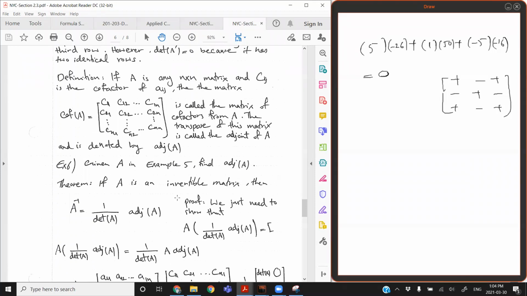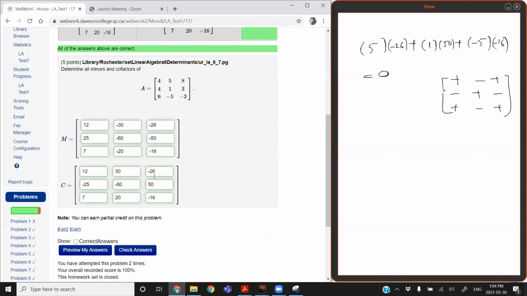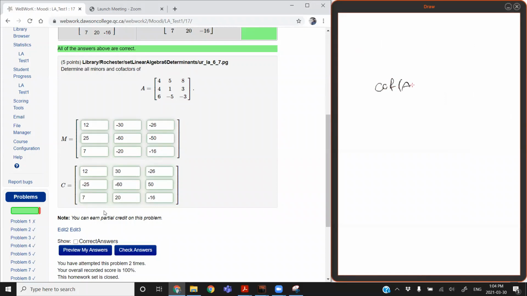So here we have a simple definition, something called an adjoint matrix. You already know what a cofactor matrix is. A cofactor matrix is something like this. That's a cofactor matrix for A. Now, if I just take the matrix of cofactors from A and transpose it, I have a new matrix called the adjoint of A. So whenever you see this expression, adjoint of A, it's just the transpose of the cofactor matrix.